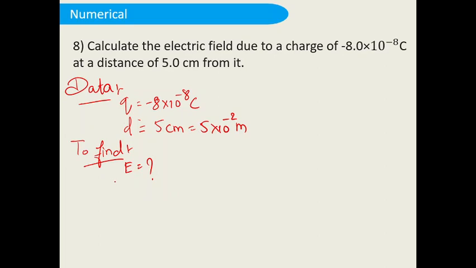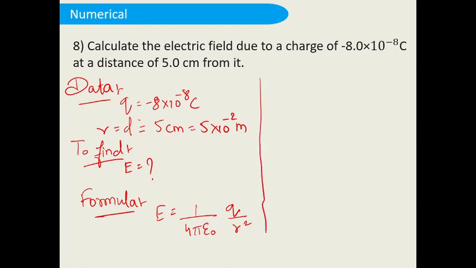So to find the electric field. Electric field is given by, actually this distance can be considered as R, 1 upon 4 pi epsilon 0 Q divided by R square. The formula is Q divided by R square.